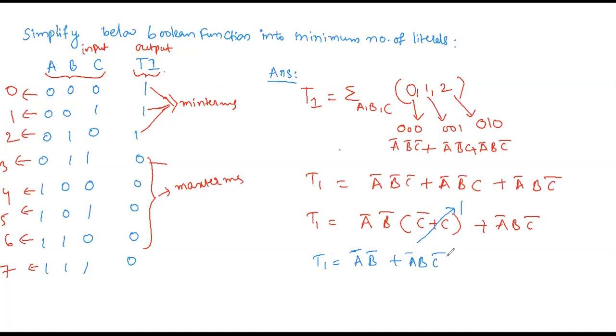Is there anything we can reduce? Taking A bar common, B bar is not there. We can't reduce anything, so keep it as it is.